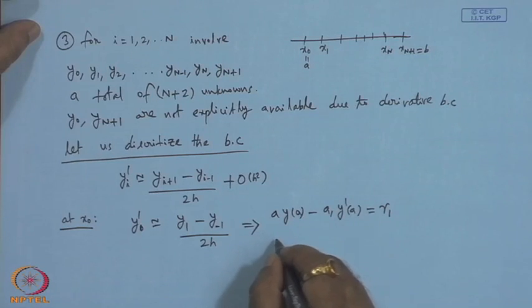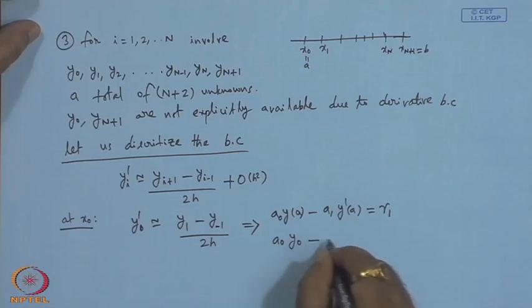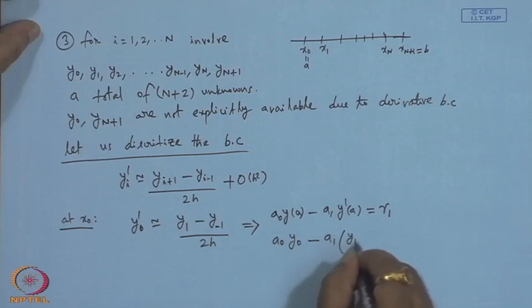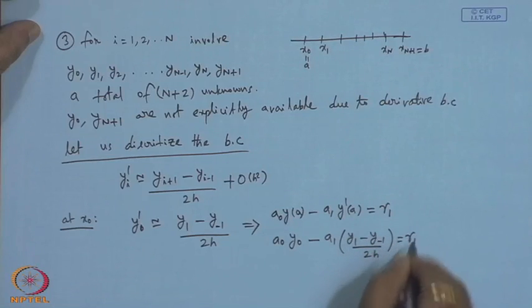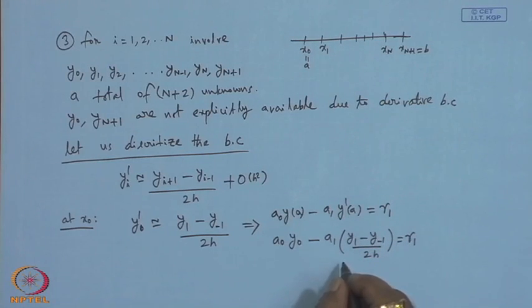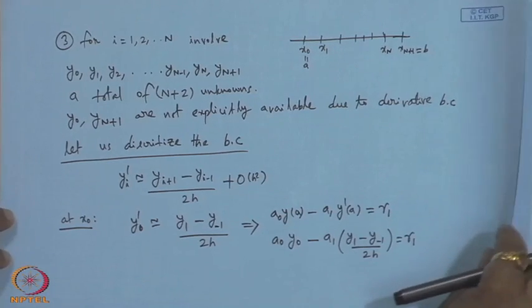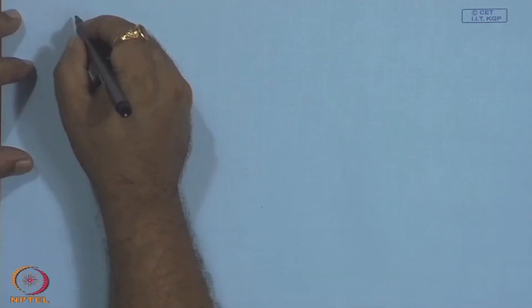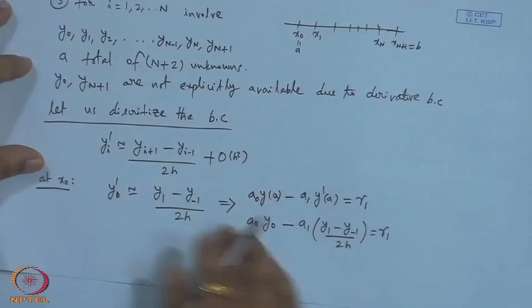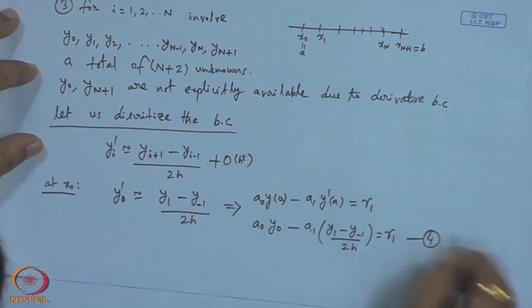So, this becomes a 0 y 0 plus a 1 times the approximation equals gamma 1. From this one could get y minus 1. Let us number this as 4.